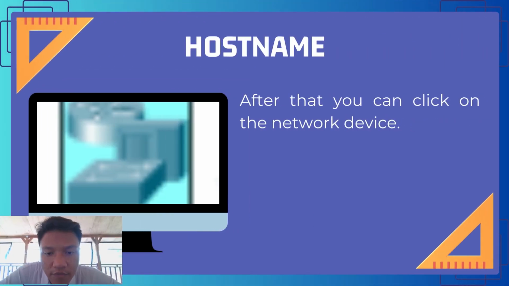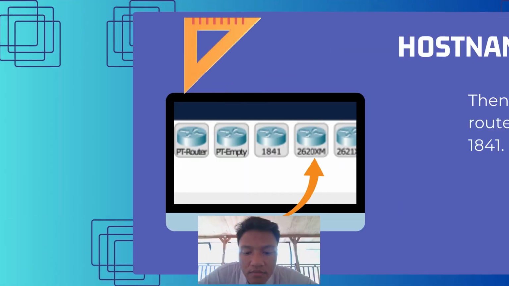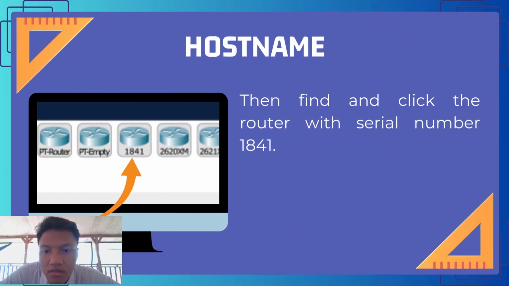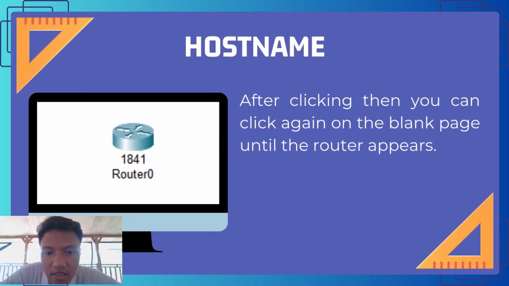So the next step, if you already opened the Cisco Packet Tracer, you can search the image like this or the name that is the network device, and then the next step is find and click the router with the serial number 1841 for configuration. After you click it, add it to the blank page until the router appears.